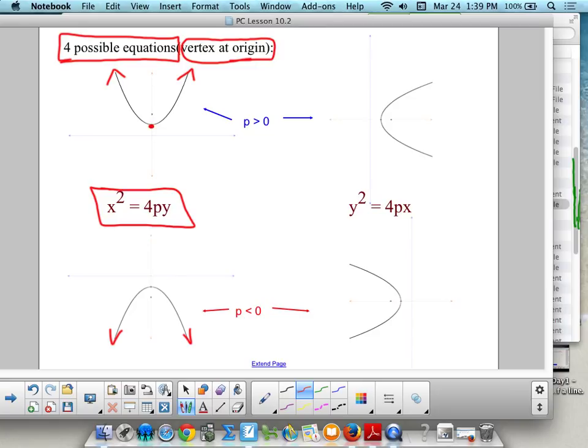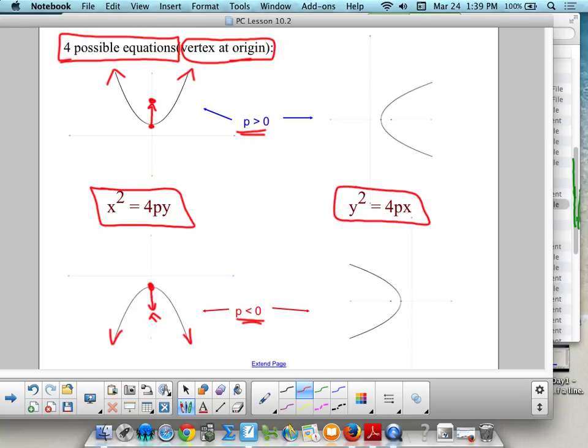Where's the focus? Up here. So that's when the p-value is positive. But when the p-value is negative, if you look down there, there's your focus. When you go from here down to get to your focus, that's a negative p-value. Then you would use this equation because up and down parabolas. When you get right or left parabolas, then use this equation, y squared.